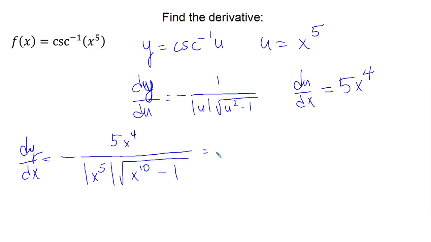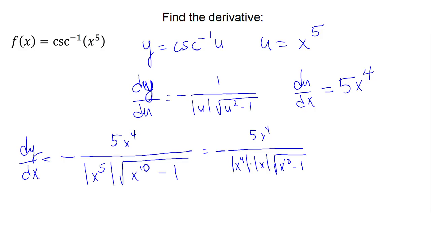We should know that the absolute value of x to the 5th could be rewritten as the absolute value of x to the 4th times the absolute value of x. And then that allows us to do some simplification here, because the absolute value of x to the 4th is just the same thing as x to the 4th, because x to the 4th is always a positive number.